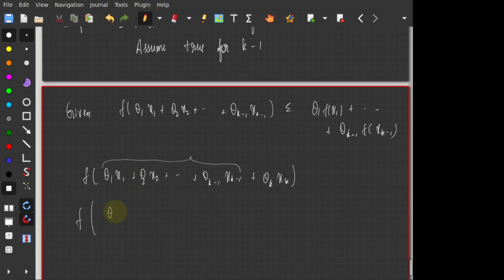So theta 1 x1 plus theta 2 x2 up to theta k minus 1 xk minus 1. Let me multiply this summation and divide by 1 minus theta k.